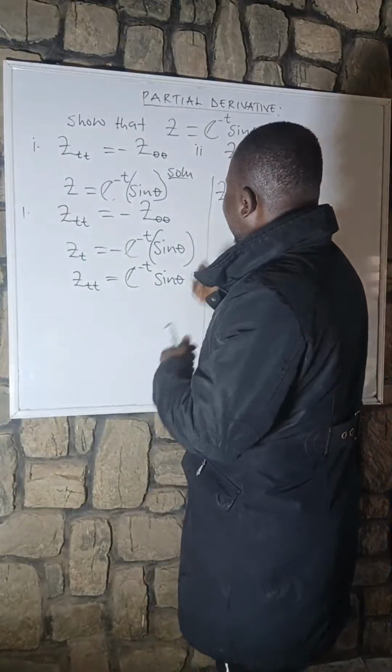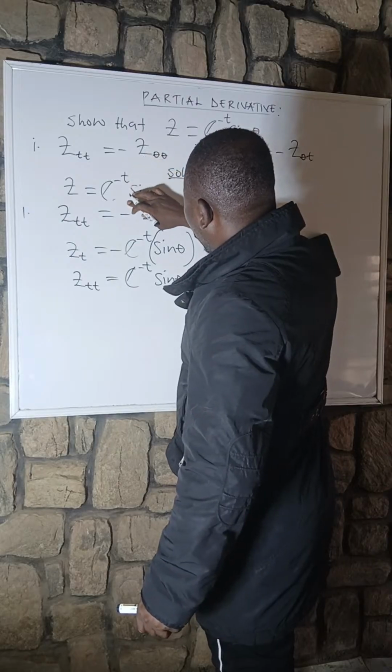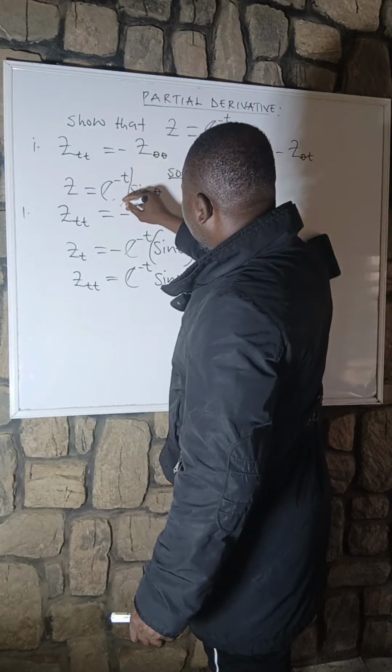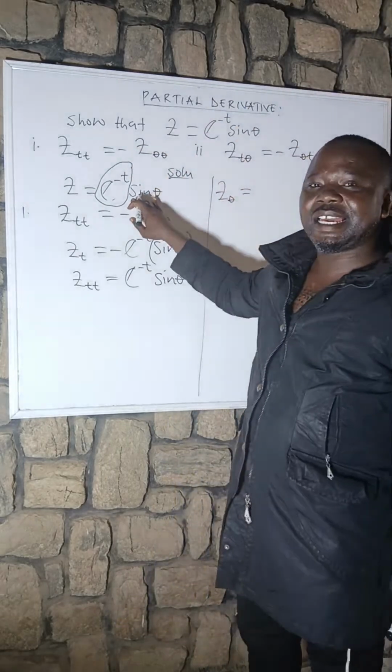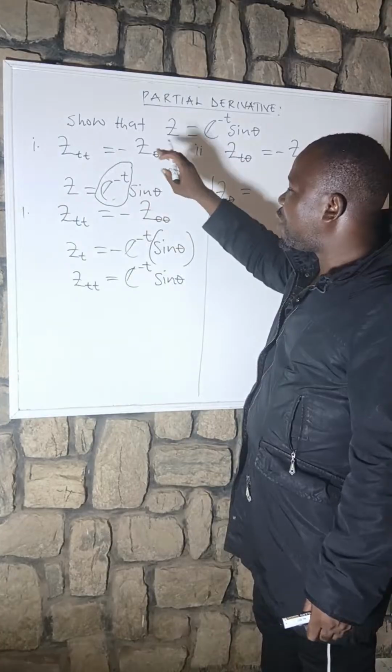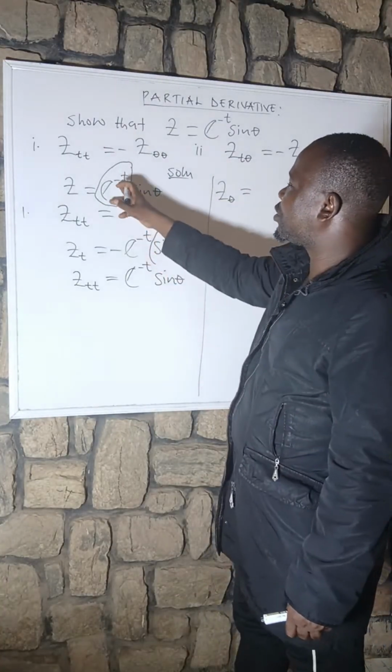So this implies that this time we are going to hold this one constant. True or false? Then any answer you arrive at, use it to multiply by this. It means you are not going to touch this one.